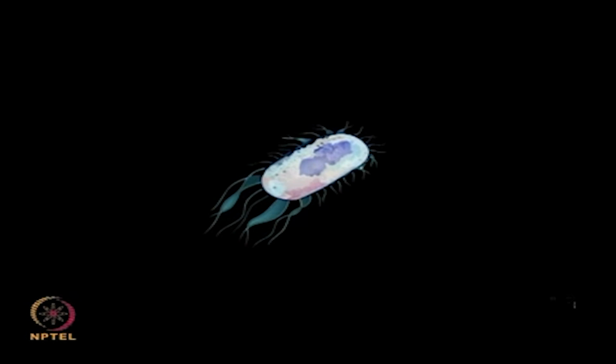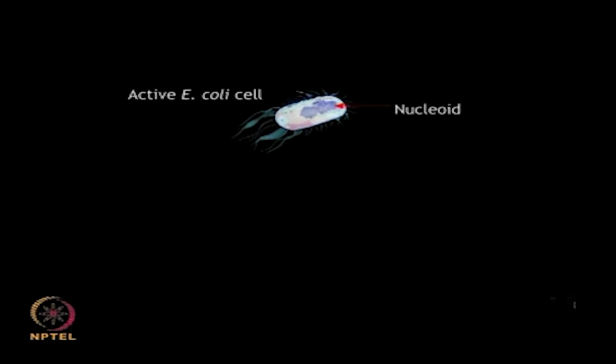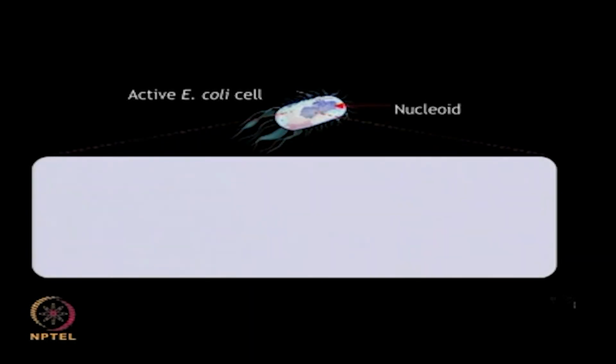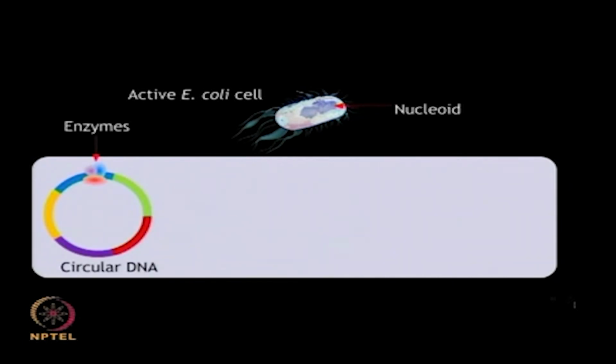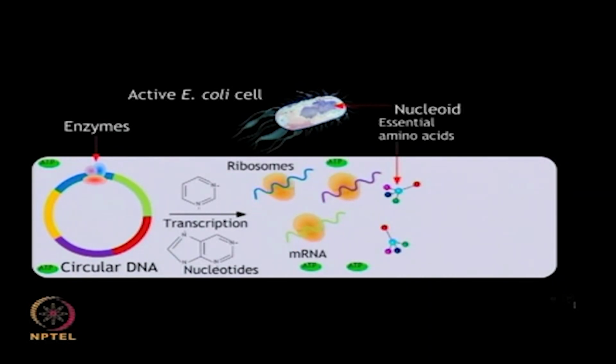E. coli S30 extract. The actively growing and replicating E. coli cells can be used for extracting cell-free lysates. These cells that are in the process of growth and division are constantly producing proteins and other factors required for various cellular processes.